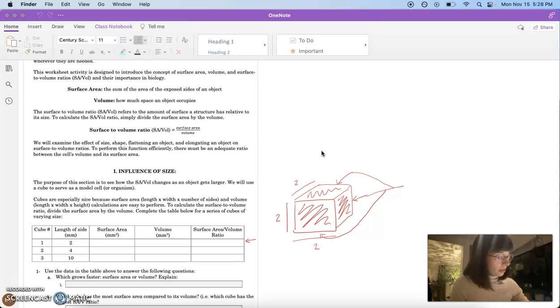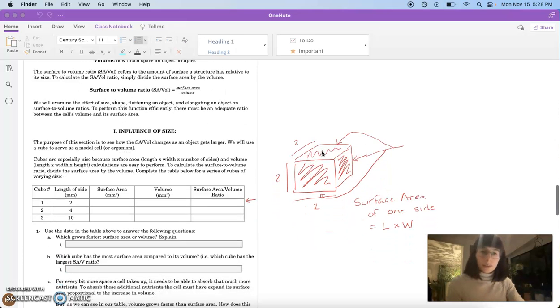We know that the surface area of one face, so of one side, is going to equal length times width.